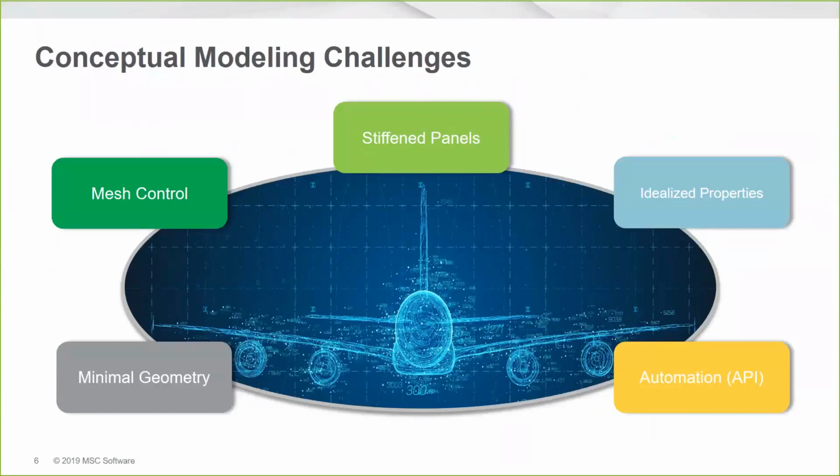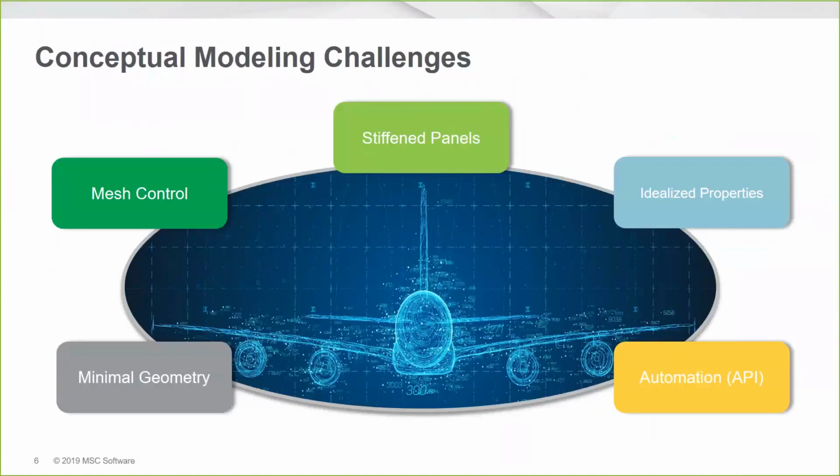Because you're going to have a coarser mesh. Most of these structures have stiffened panels with frames and stringers, so we want to look at some key features that have been added to Apex for that. Of course, idealization of the properties, and of course, automation, which is a key element here in order to do this much faster. All right, so let's talk about each one of these and go forward.